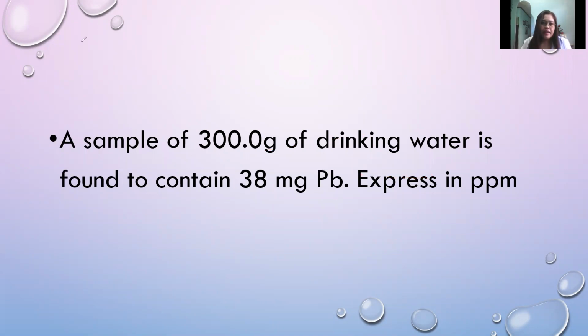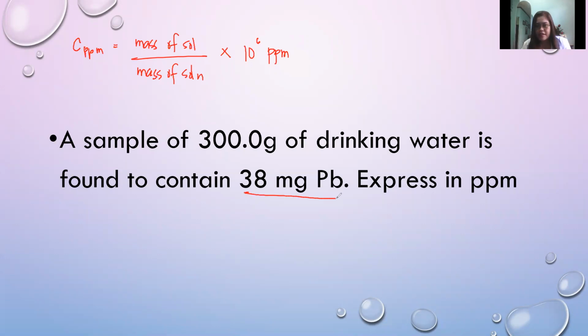So, let's write our formula again. We are looking for ppm, so we will use the mass of solute divided by the mass of solution times 10 to the power of 6 ppm. Our solute is the 38 milligrams of lead, since it is the one in the drinking water.